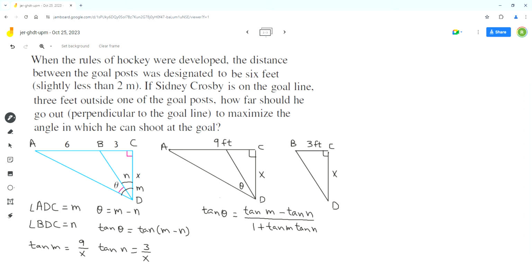Now we can sub in these values in the identity. Now we can simplify this expression. So 9 over x minus 3 over x is equal to 6 over x.